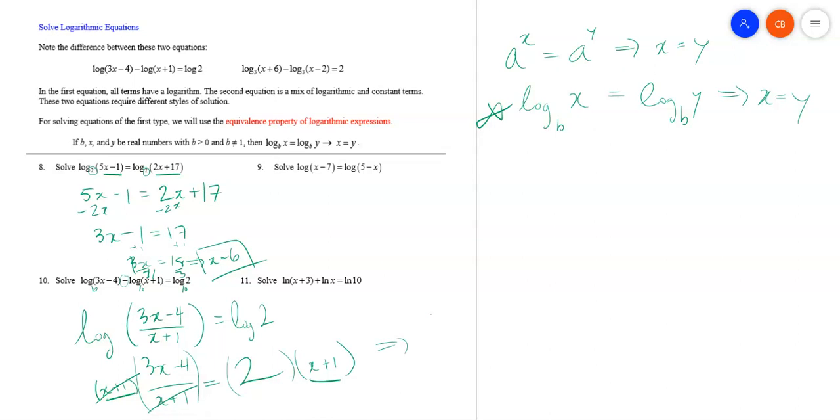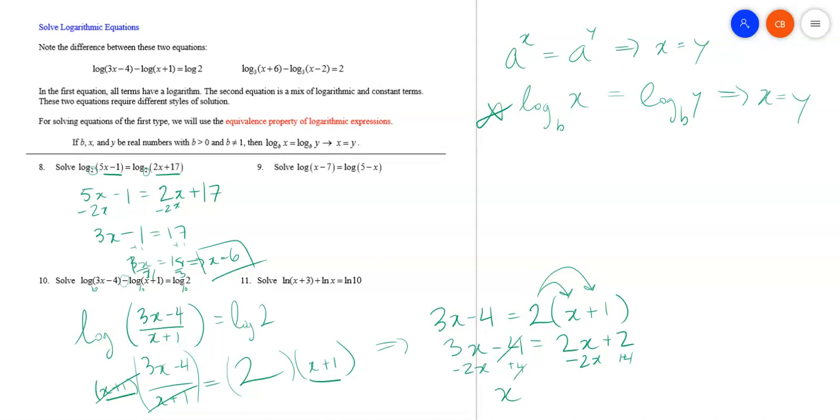So we have 3x minus 4 is equal to 2 times the quantity x plus 1. Now the x is locked up in the parentheses, so we need to distribute the 2. It will go 3x minus 4 is equal to 2x plus 2. Now we can subtract the 2x on both sides, and we will add the 4 as well. So on the left side we have just x, since the 4 cancels, and the 2x canceled over here, and it goes 2 plus 4, which is 6. So x was equal to 6 again.